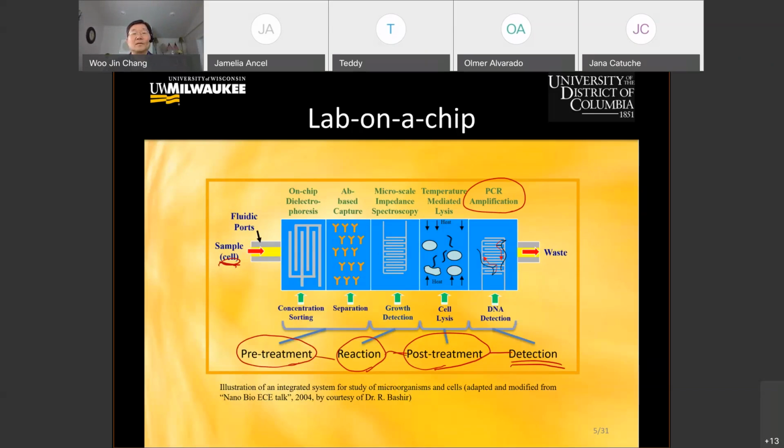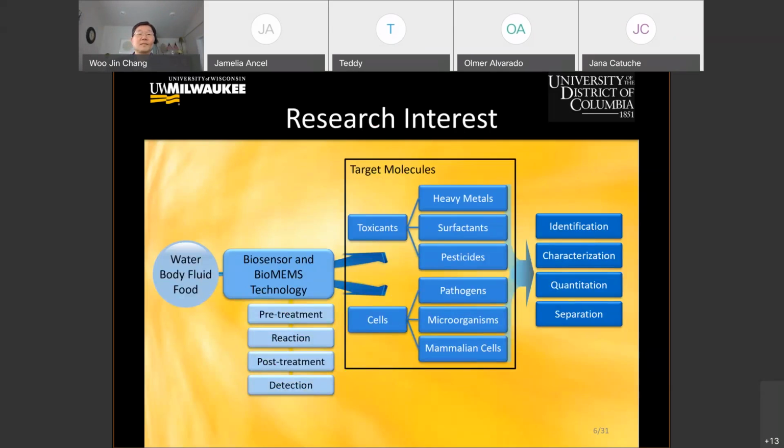So the question is, here is my research interest. The question is how to get the amount of certain molecules. And in our case, the target is water. So the sample is water and the target is some contaminants inside the water. But it could be food or some body fluid.